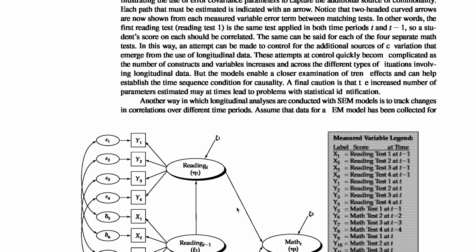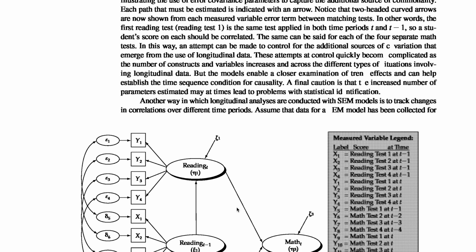The attempts at control quickly become complicated as the number of constructs and variables increase, and across the different types of illustrations involving longitudinal data, but the models enable a closer examination of the transfer effects and can help to establish the time sequence conditions for causality.